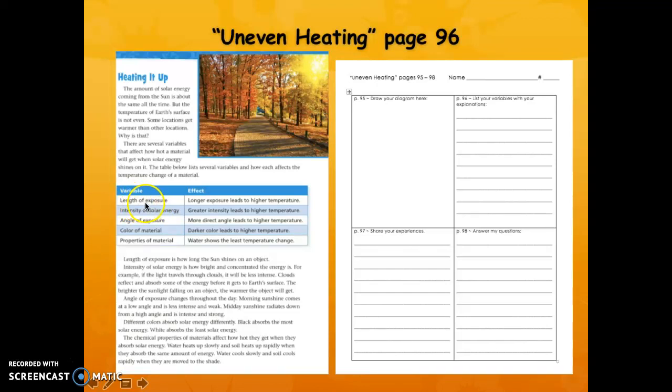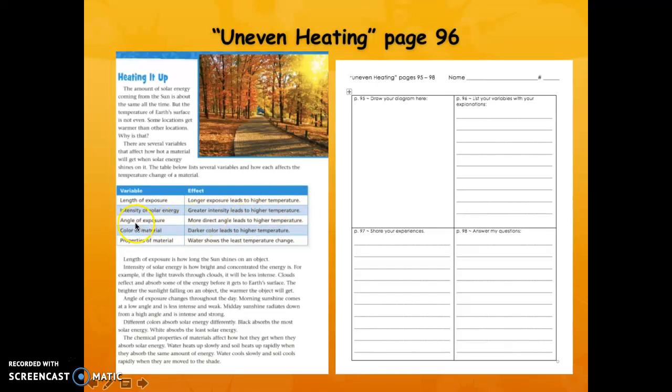The longer something's in the sun, it's going to have a higher temperature. The intensity, so greater intensity, that means, are there clouds in the sky? Is the sun hitting the material directly or at an angle? So the greater the intensity of the rays from the sun, the higher the temperature.